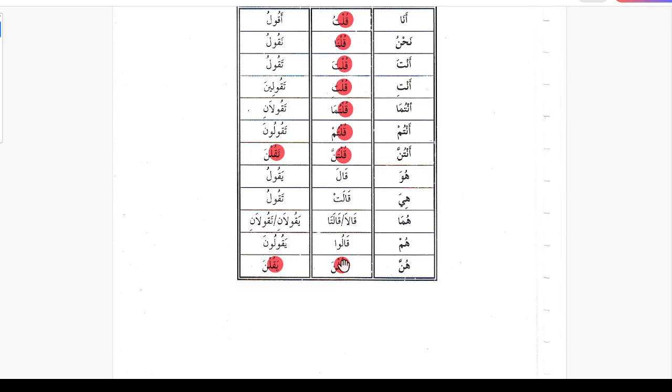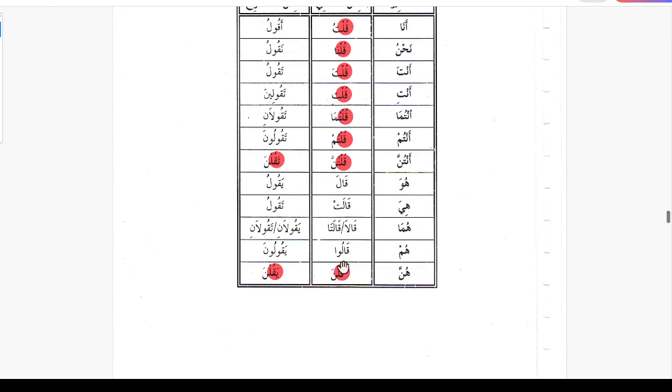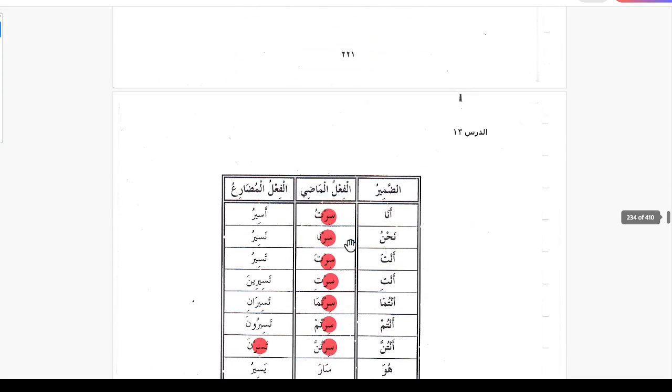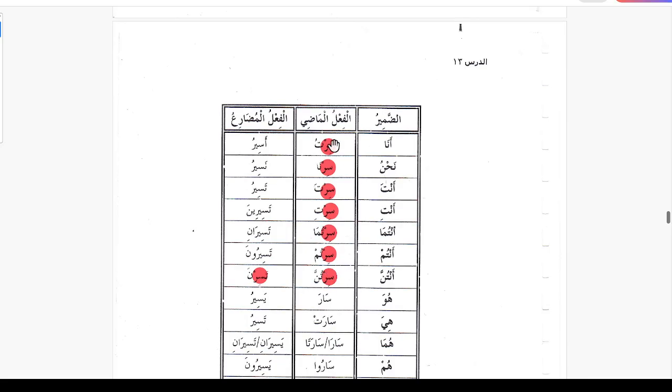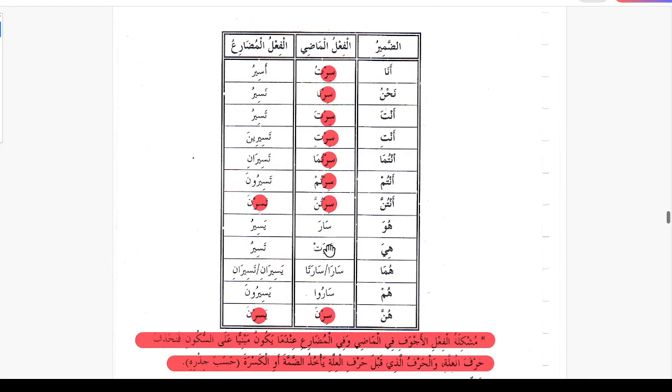Just pay attention to this dhamma here: kulna, and then kulta, kultuma, kultum, kulti, kultuma, kultunna, kultu, kulna. So we see that dhamma sign here. But in the case of Sara, which is in the same group, we don't see dhamma, we see kasra. So it changes to sirna, and then sirta, sirtuma, sirtum, sirti, sirtuma, sirtunna, sirtu, sirna.